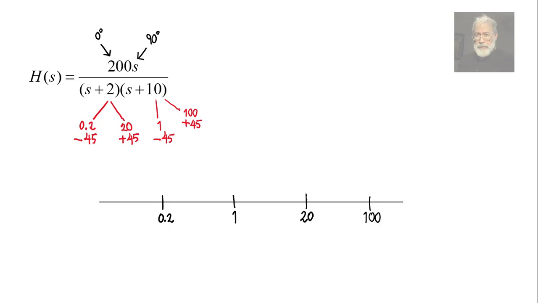In this diagram, which is not up to scale, this is a sketch, I have marked equally spaced the 4 corners. I add the slope contribution at each one of the corners, and I begin horizontally. All the phase plots enter from the left horizontally, and they should leave on the right also horizontally.